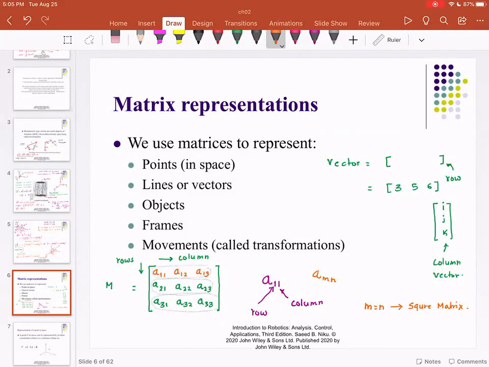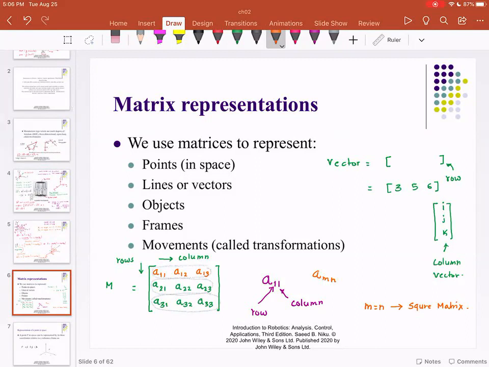We can use matrices to represent lines or vectors. If you want to represent objects, for example an end effector or a link, you can still use matrices. Matrices can also be used to define the coordinate frames and their transformations, so going from one frame to another frame.